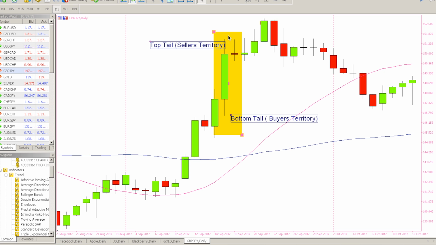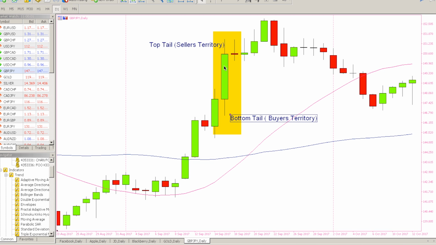One candle equals one day of movement. Probably the price goes up, comes down, goes up, comes down. Probably it reached up here a few times, came back down and finally closed here. So this tail tells us that there is rejection, where sellers tend to push the price downwards.